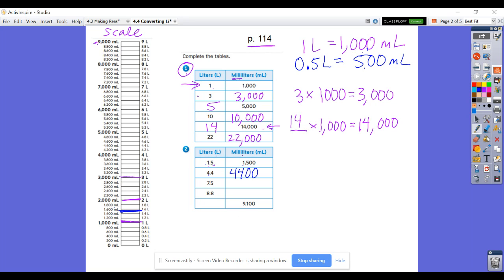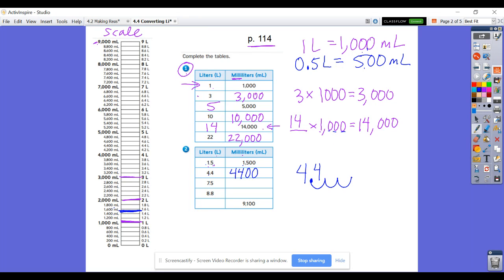extra milliliters. So I like to think of it as when I'm multiplying by 1,000, you're moving place values, so you can move your decimal point because you're moving place values, and I move it over 1, 2, 3 because it was times 1,000, right?